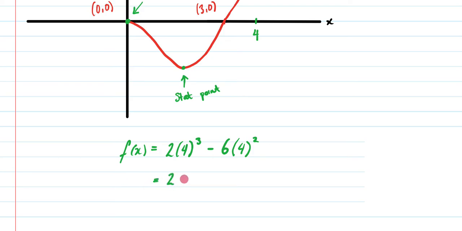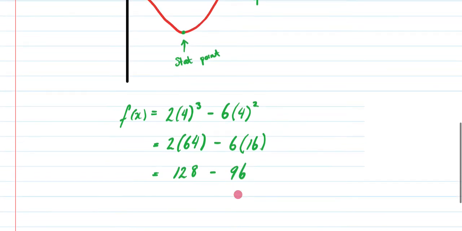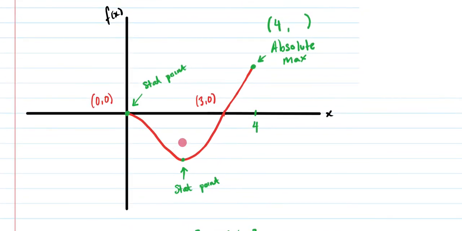I'm going to get 2 times 4 cubed minus 6 times 4 squared. This is going to be 128, and this is going to be 96. So I'm going to be left with 32. So when I sub x equals 4 in, I get 32 out, which means the absolute maximum for this graph is going to be (4, 32).